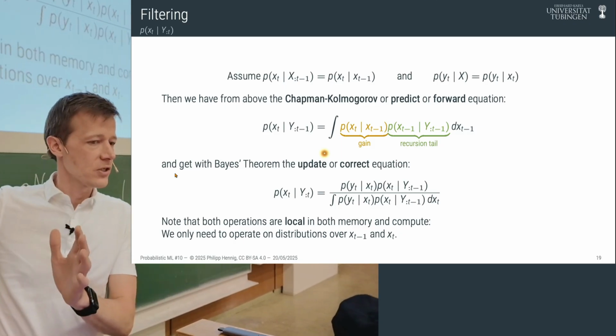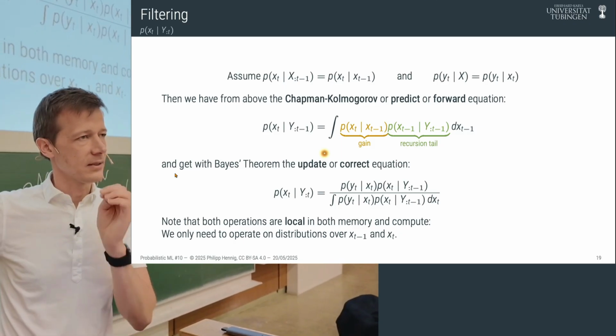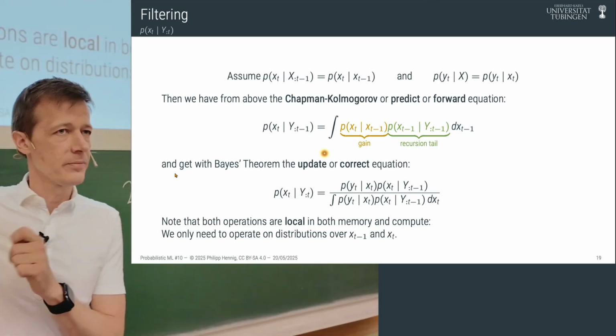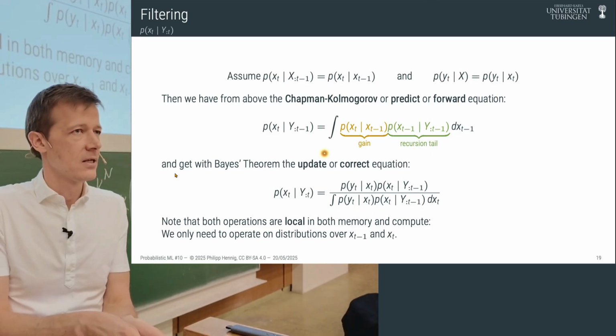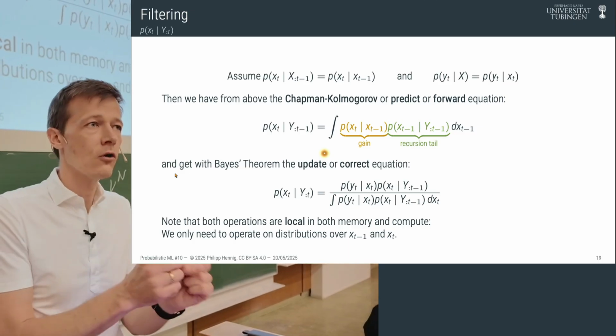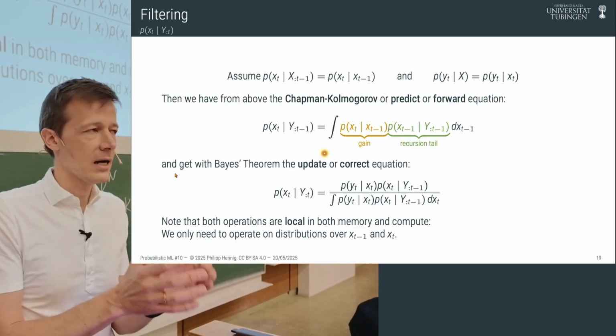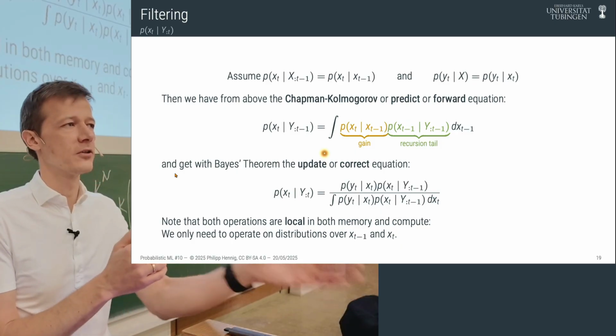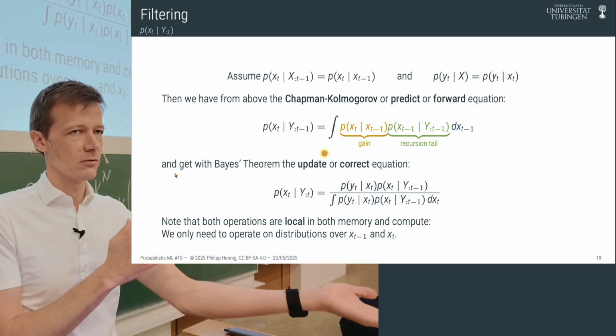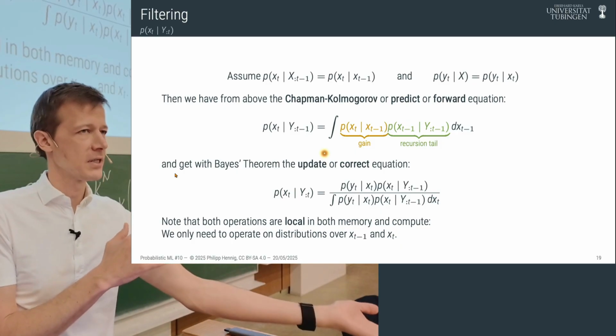In such situations, there is an extra step that tells us how to get from the future back to the past. But before I do that, which is going to be the next slide, it's important to point out that we don't always have to do this. There are genuinely important settings where you only need to do this forward predict Chapman-Kolmogorov step, also called the filtering step.